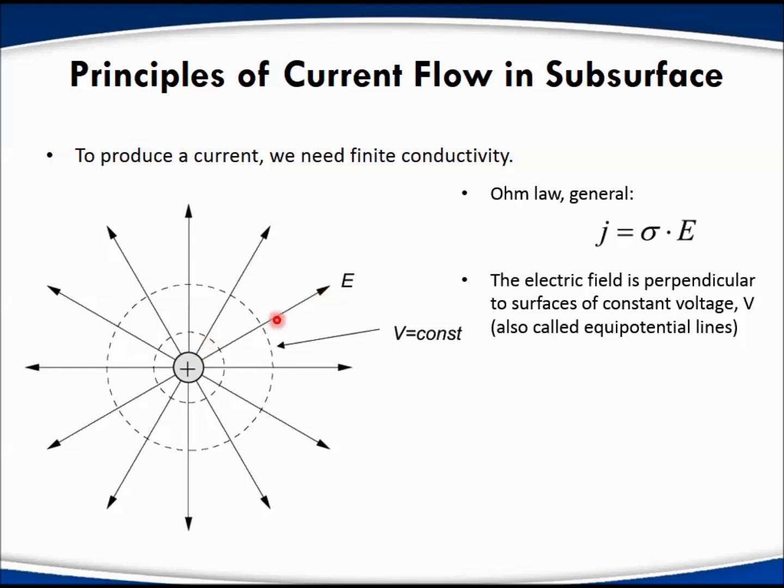Here is the electrical field propagation, and the electrical field is perpendicular to the surface of constant voltage V, known as the equipotential line, where the direction of the electrical field goes in many directions, while the voltage is in circular form.